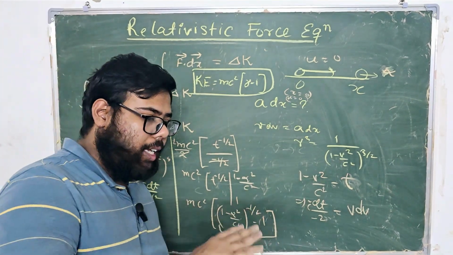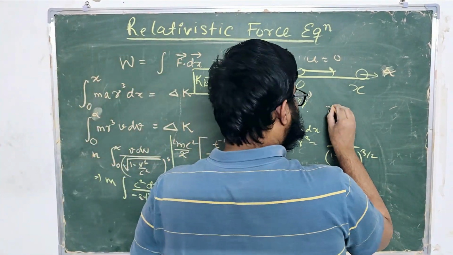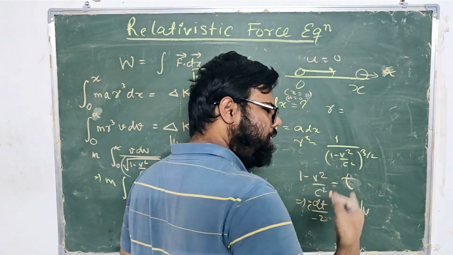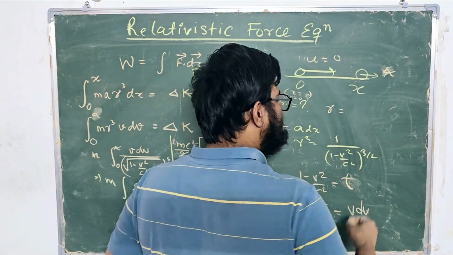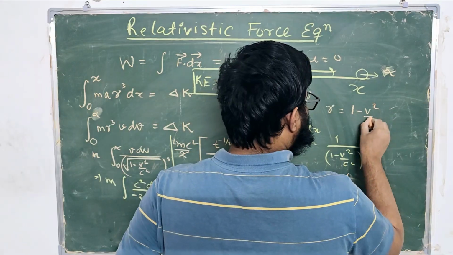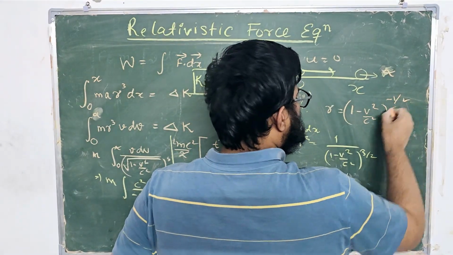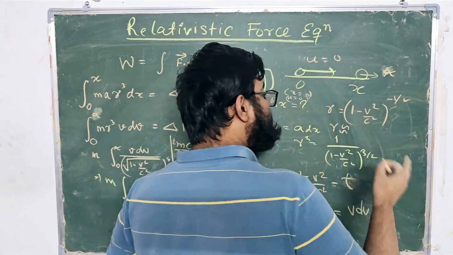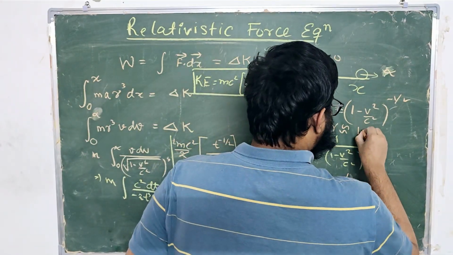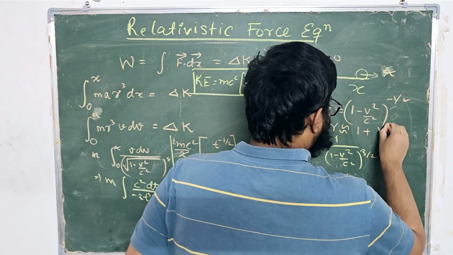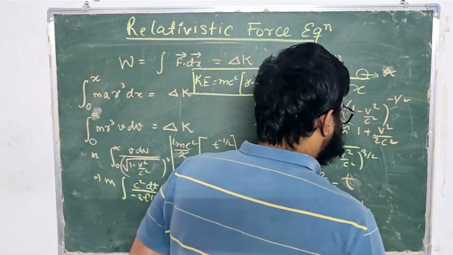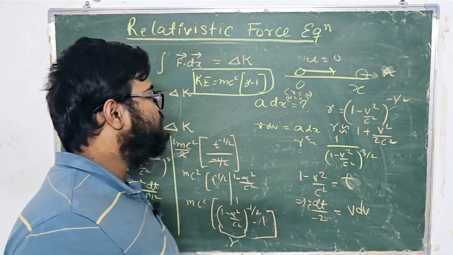Now what you use in classical mechanics, the velocity is very small as compared to the speed of light. So gamma is 1 minus v square by c square raised to negative 1 by 2. So gamma approximately turns out to be 1 plus v square by 2c square. This is the binomial expression over here, right?